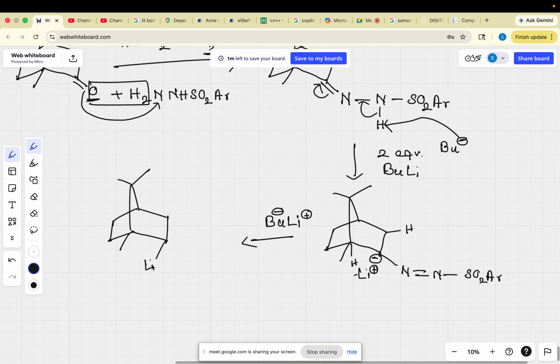Okay, that is one of the reasons. Yes, bulky base, that is one of the reasons. So for butyl minus, it is easy to abstract this proton.